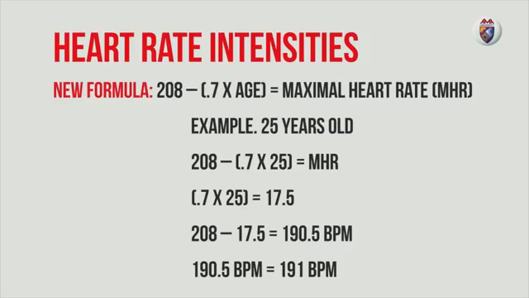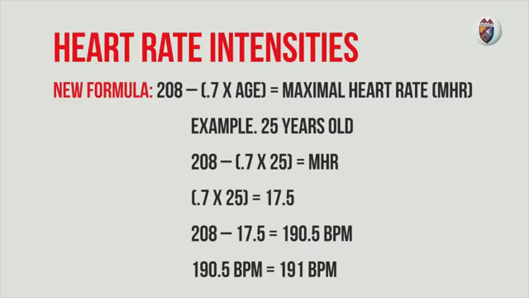Placing this value to resemble the formula, you will now have this solution, 208 minus 17.5, and the answer is now 190.5 beats per minute. Round off this value into a whole number, and your maximal heart rate is now at 191 beats per minute.